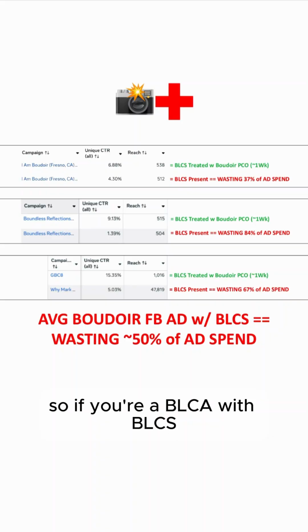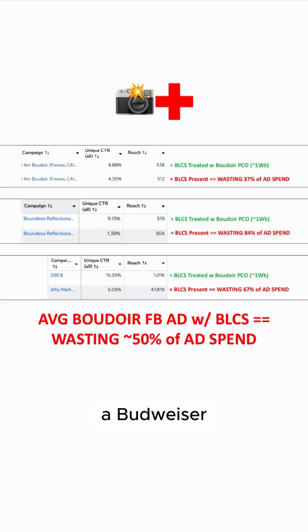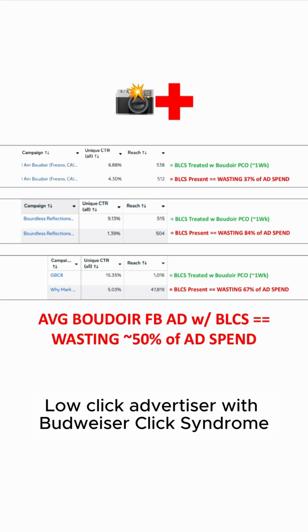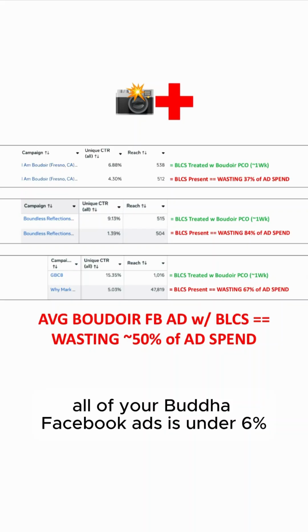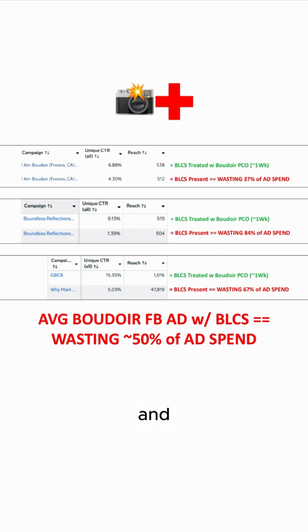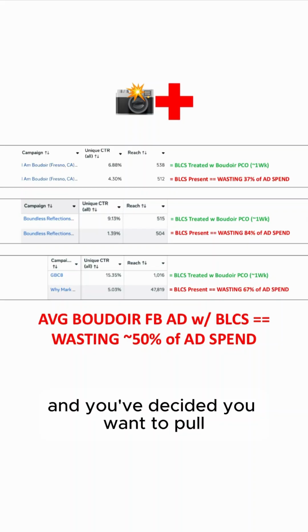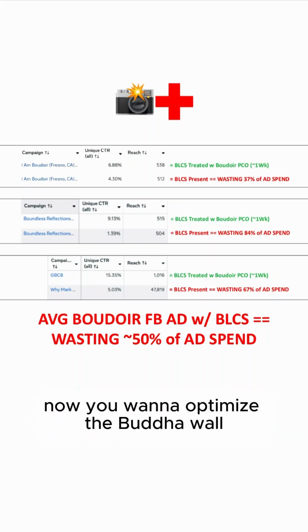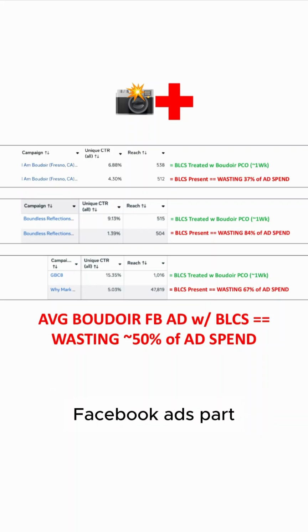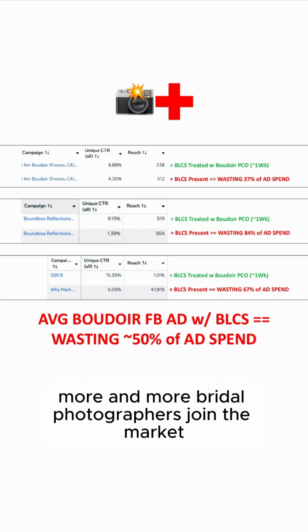So if you're a BLCA with BLCS, a Boudoir low click advertiser with Boudoir low click syndrome, your unique CTR of your Boudoir Facebook ads is under 6%, and you're spending more than 10 grand a month on Boudoir Facebook ads, and you decide you want to pull more profit out of the Facebook ads part of your business, because you've already optimized other parts of your business, now you want to optimize the Boudoir Facebook ads part. You want to do it now because you're looking at the marketplace, you're seeing more and more boudoir photographers join the market.